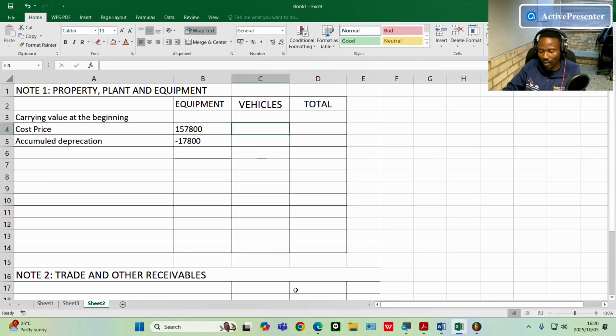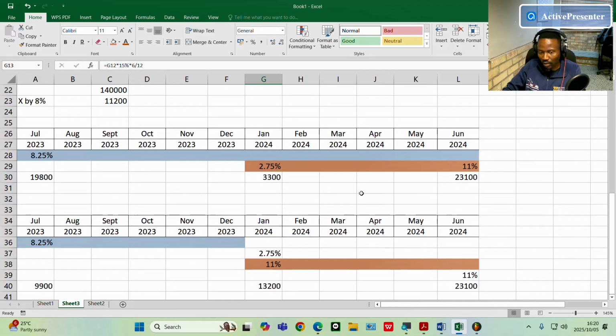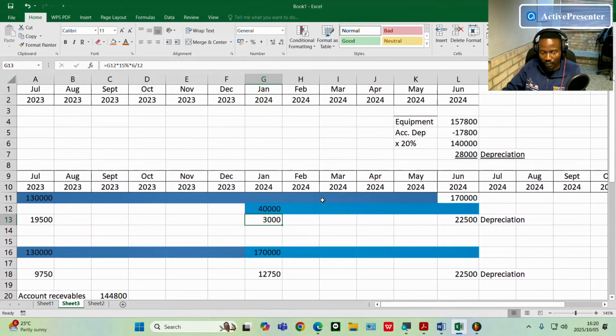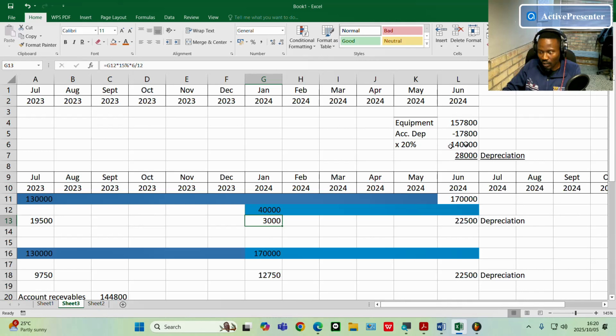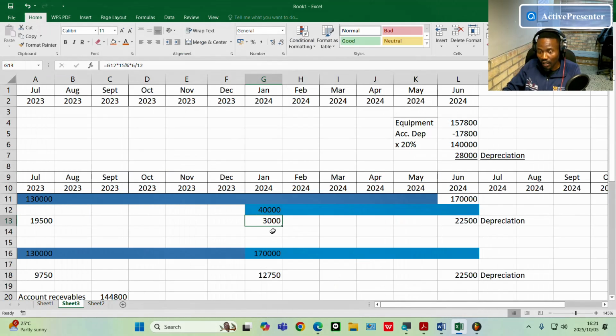Okay, moving to vehicles. This was equipment, meaning this is vehicles. So with vehicles, we have 170,000, and this is not at the beginning, mind you. We had an addition on 1 January for 40,000, meaning the opening balance for vehicles was 130,000.